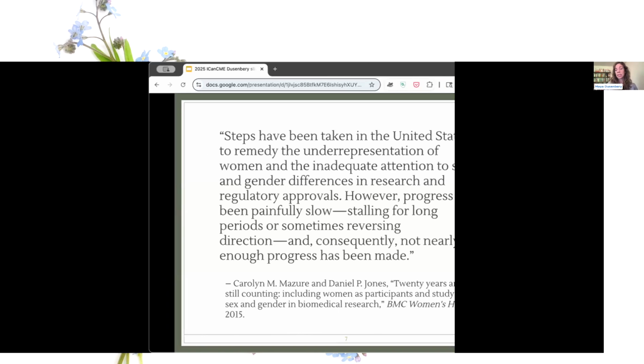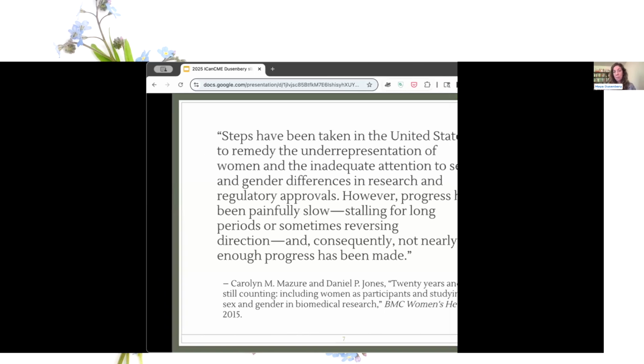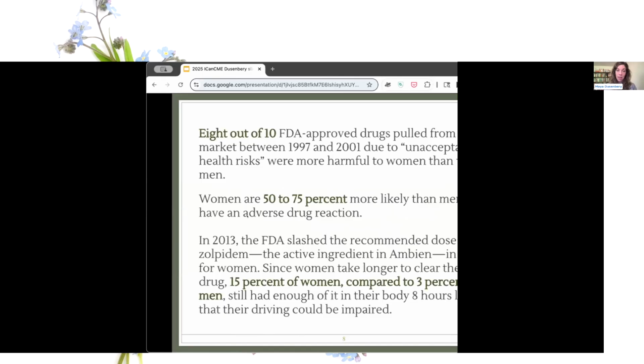So we're still dealing with that legacy of many decades when women were really underrepresented or excluded. So we still have drugs, for example, that are on the market that were largely tested in men. So it's perhaps no surprise that women are more likely than men to have an adverse drug reaction.